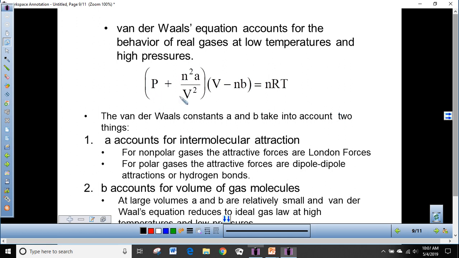See the P and the V, but we've got a correction here, and a correction here. The correction here is for those intermolecular forces, and the correction here is for the volume. So it's technically PV equals nRT with corrections. You don't have to memorize any of this, but it does explain what those little a's and b's are. We're going to see those values, and I'm about to manipulate this formula with you. And I will give you the manipulated version on your test.